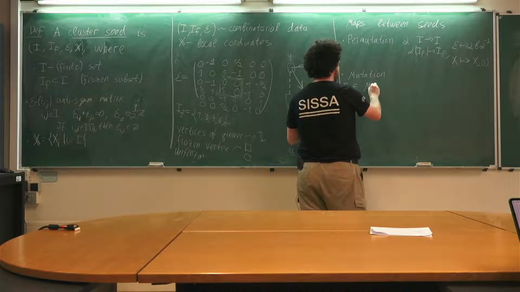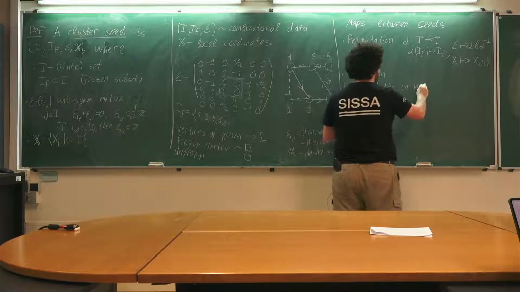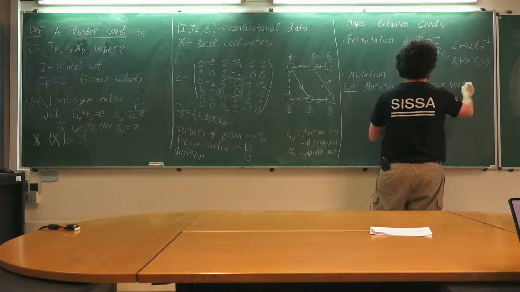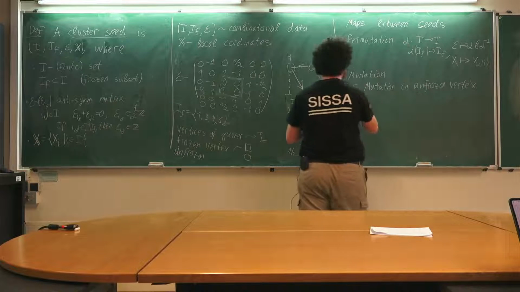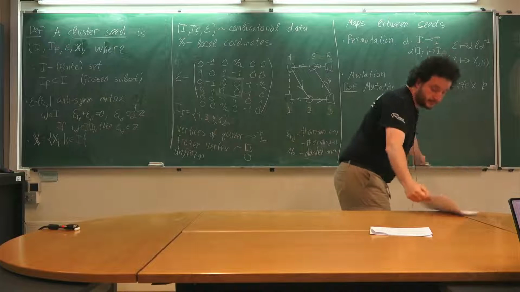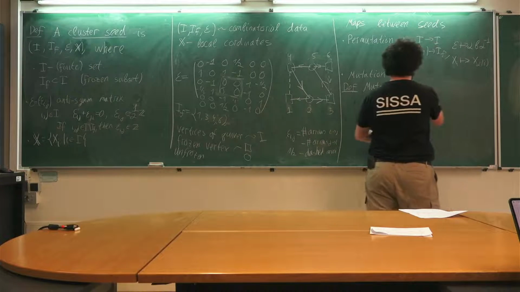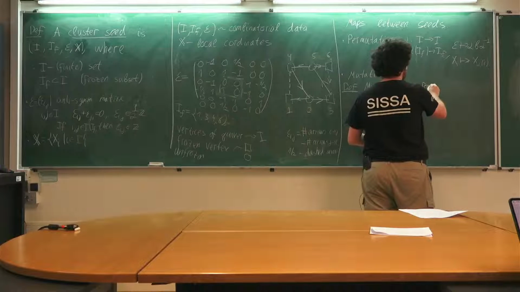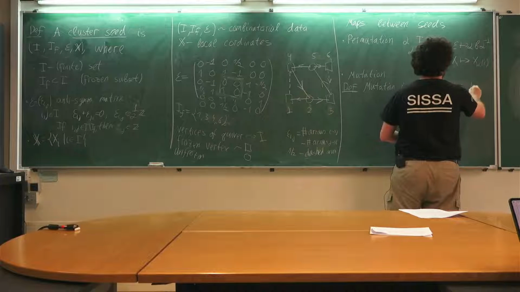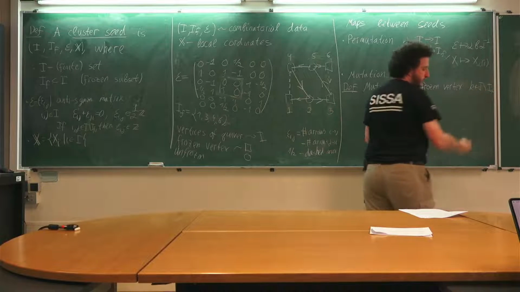Mutation in an unfrozen vertex, which I denote by k. So unfrozen means that it is in I without I frozen.